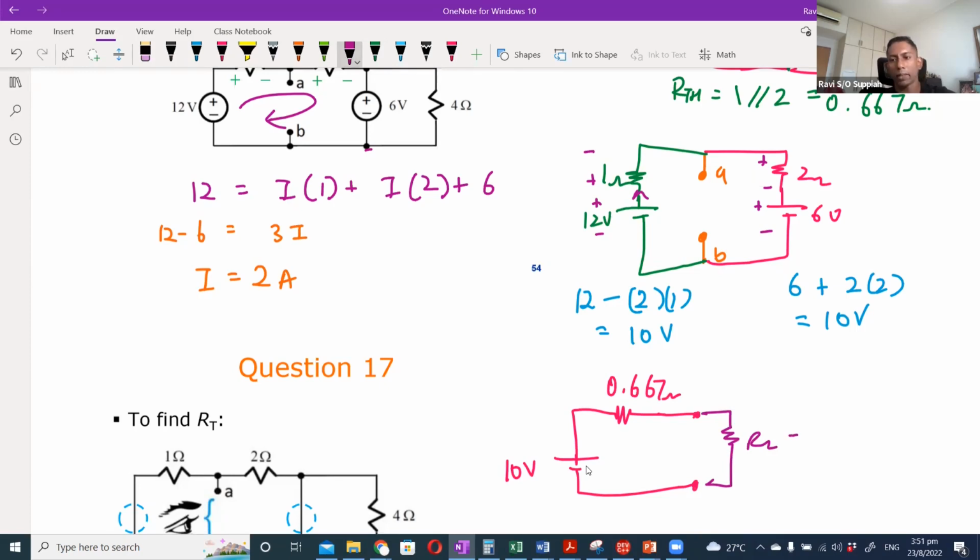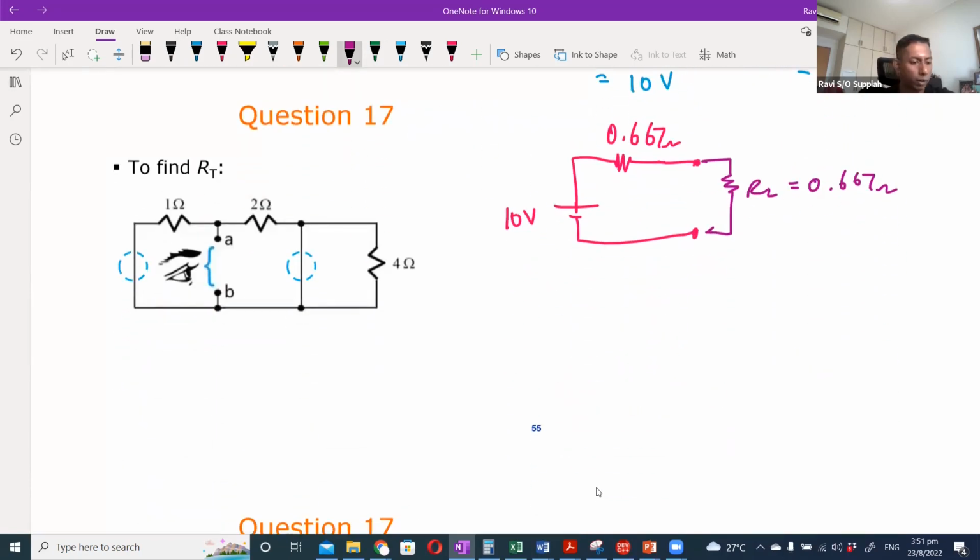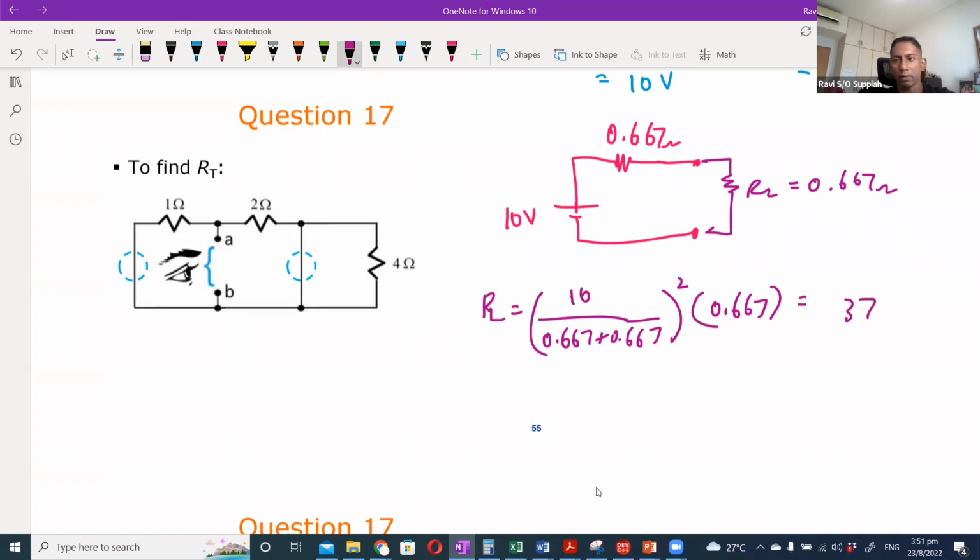In order for maximum power to be delivered, the load is the same as your Thevenin's resistance. And the power will be calculated the same way that we did just now, which will be I squared R. So it will be 10 over 0.667 plus 0.667, this is your I squared, and your R is 0.667, which will give me 37.5 watt.